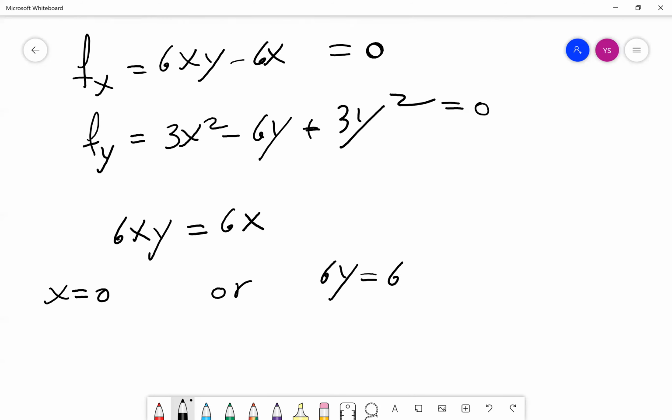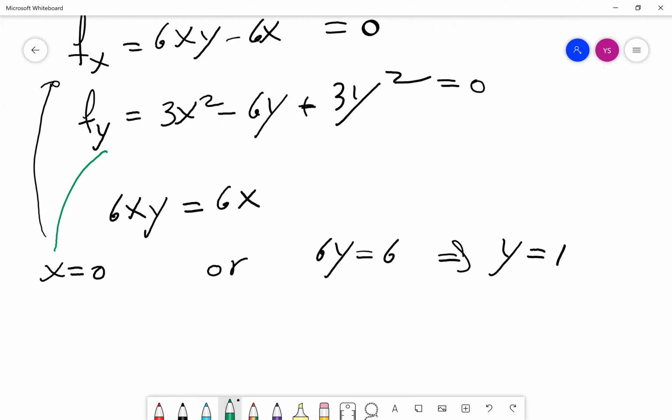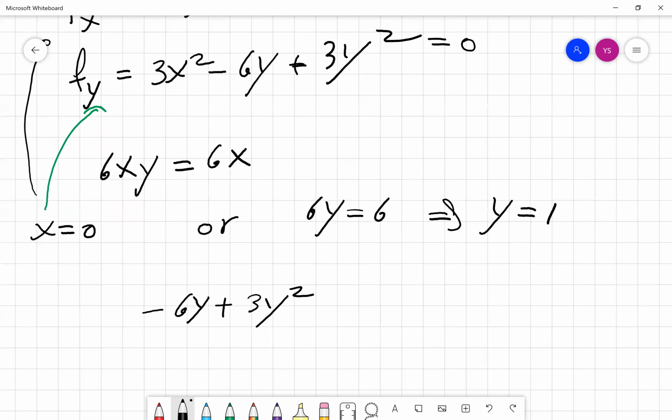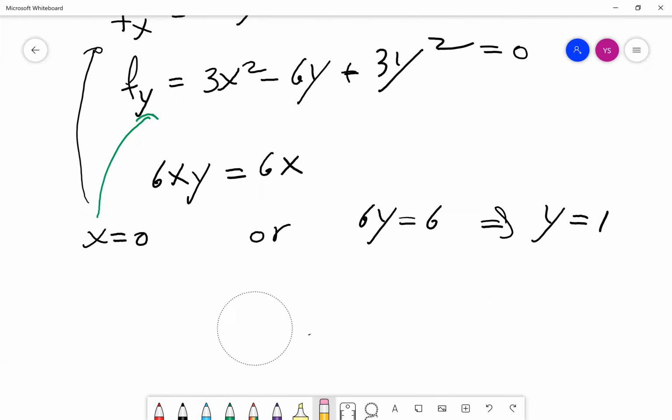Okay. So now what happens in both of these cases? What happens if x is equal to 0? Let's plug x equal to 0 into the other equation. So we get 0 minus 6y plus 3y squared. Let's make a little table.